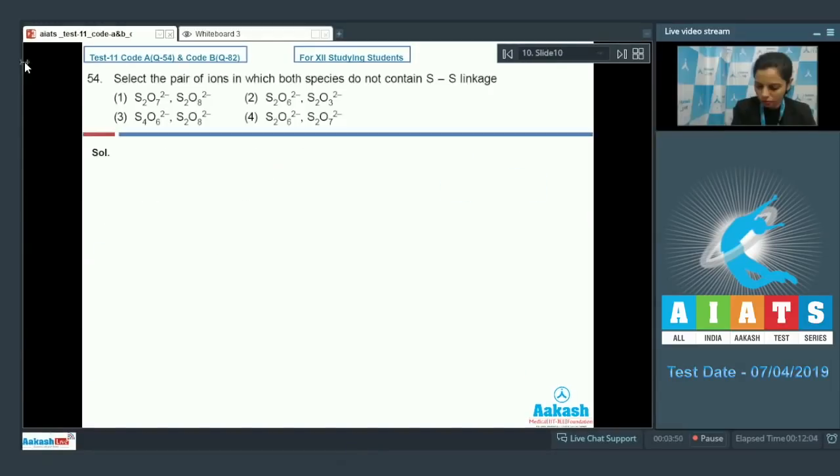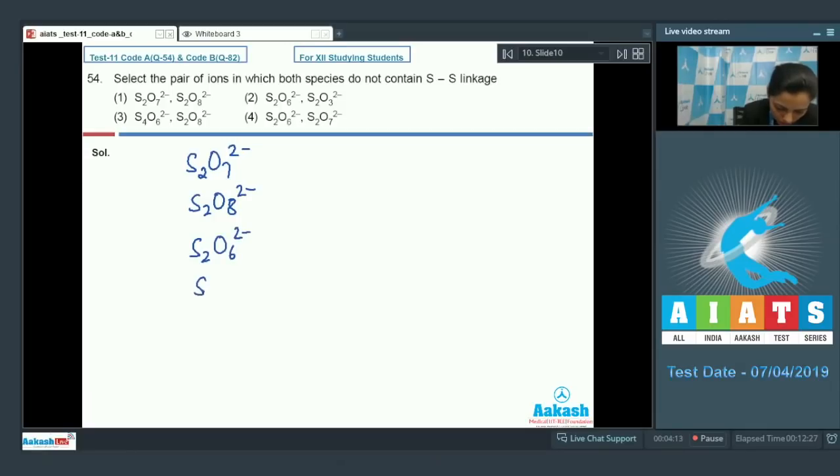After that, now question number 54. Select the pair of ions in which both species do not contain S-S linkage. It means we have to first check the ions given here. First is S2O7 2 negative, then S2O8 2 negative in the first option. In the second option there is S2O6 2 negative, then S2O3 2 negative, then S4O6 2 negative.